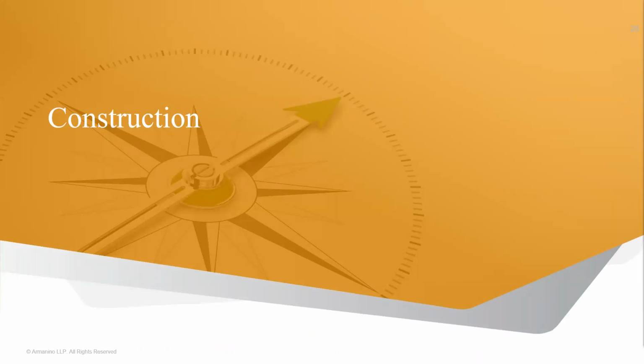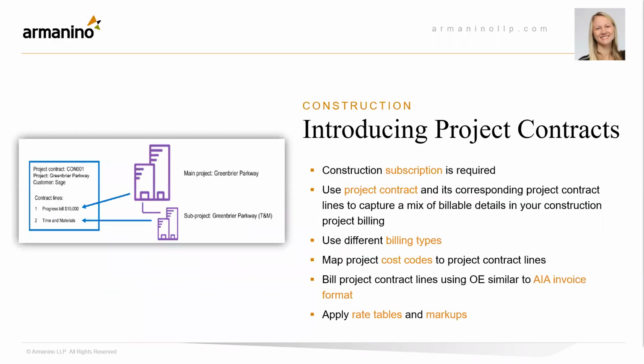All right, construction. I love construction. What's new in construction is project contracts. Of course, construction requires the subscription, but we use project contract and its corresponding project contract lines to capture a mix of billable details in your construction project billing.